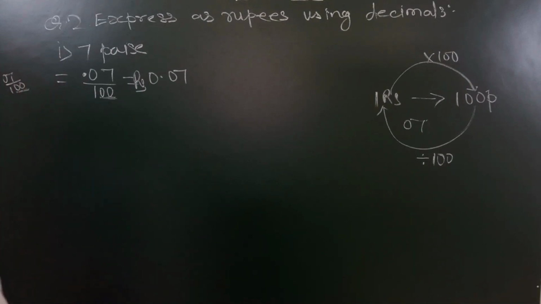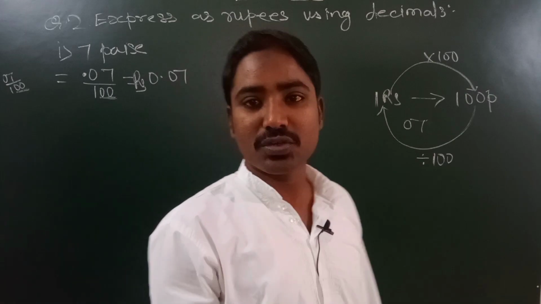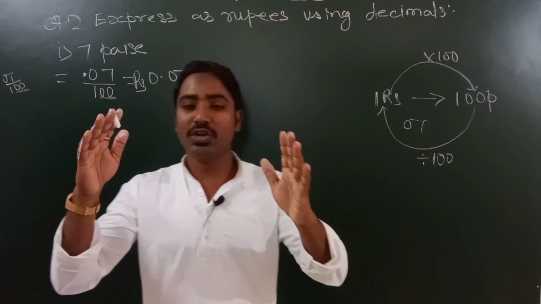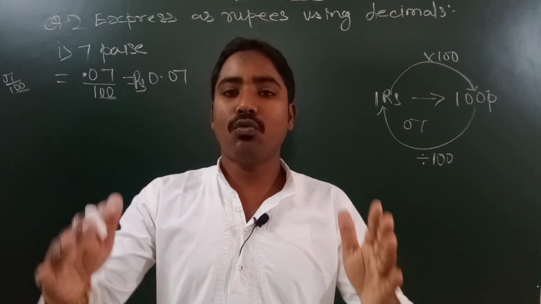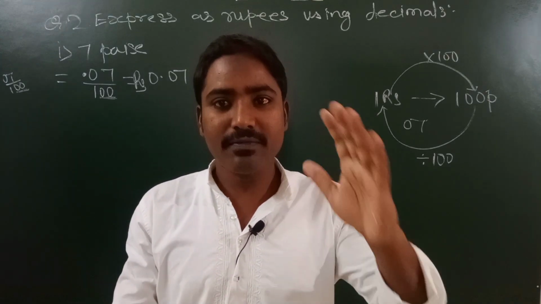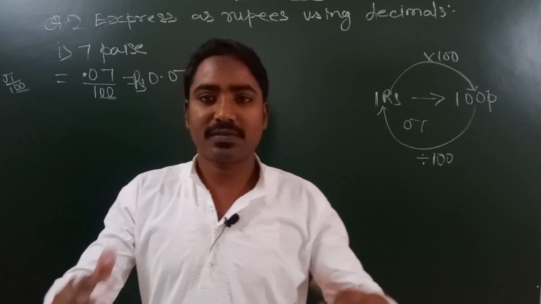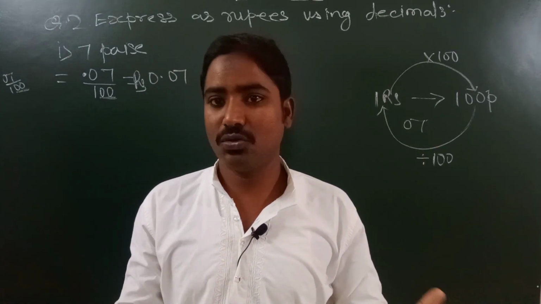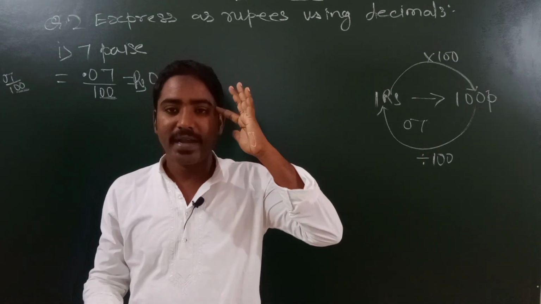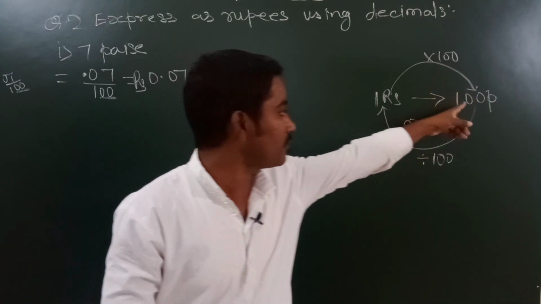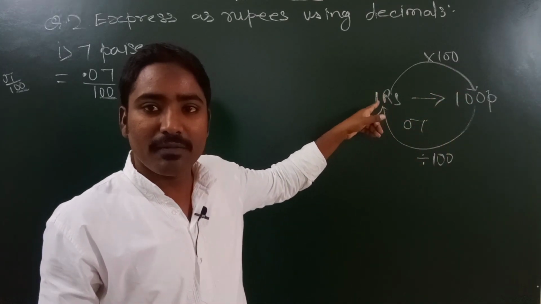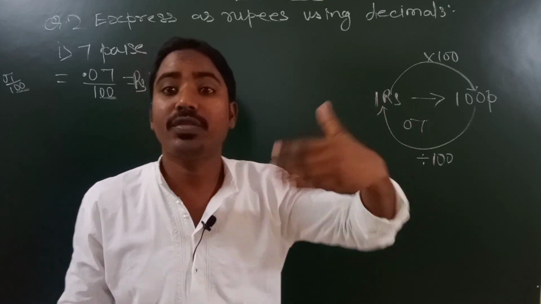Similarly, one thing you have to keep in your mind, students: if you have to go from paise or a smaller unit to a bigger unit, for example meter, kilometer, centimeters, we are having different units, then we will divide depending on the unit.